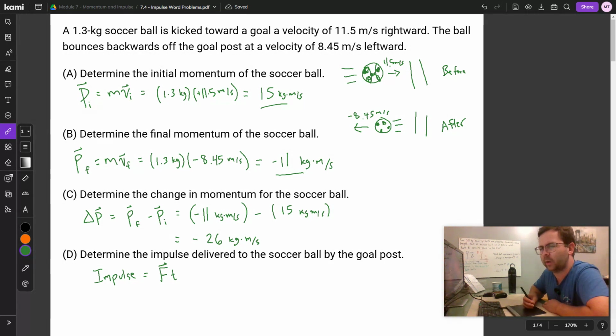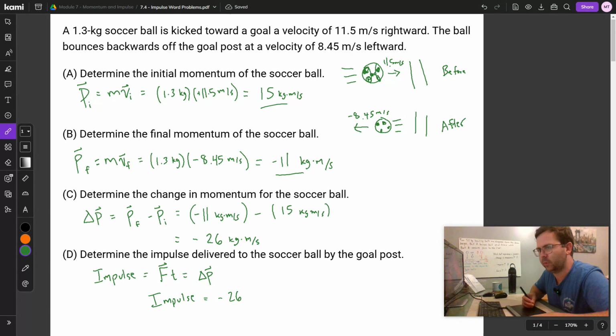So we have to remember another thing that impulse is equal to, and impulse is equal to the change in momentum. Okay, so that's pretty easy then, because we just found the change in momentum. It's negative 26 kilograms times meters per second. So that means the impulse is also negative 26 kilograms times meters per second.